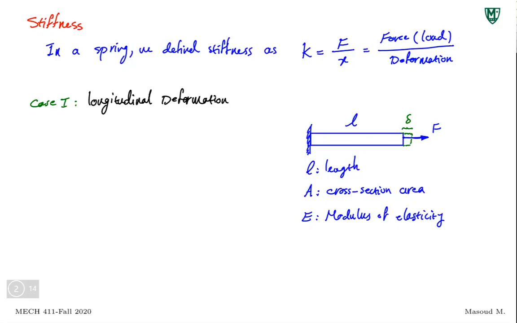Now, when we were dealing with this, we found the relationship between this deformation and the force. Can someone tell me, do you remember what that relationship was, given we know the length, cross-section area, and modulus of elasticity? Yeah, it's old knowledge, huh?